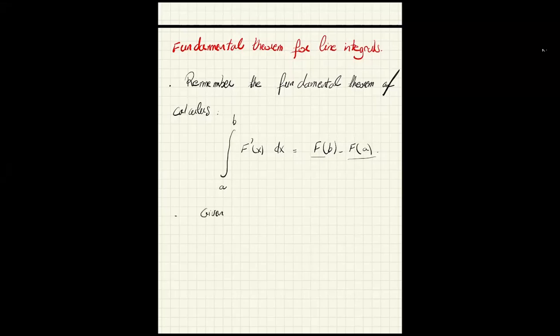Given a function of two variables, call it f of x y, there is a nice way to create a vector field from this function: take the gradient, del f of x y.